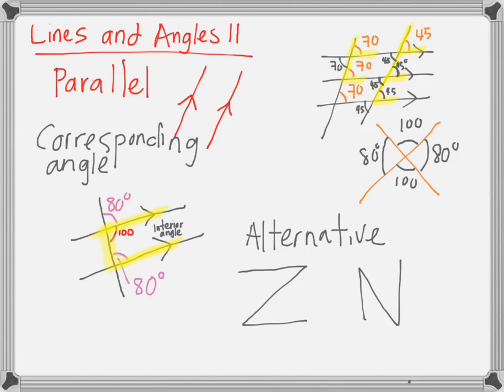In order to use Z or N, you need to know that this line should be parallel with this one, meaning both of these lines should be parallel, and this line and this line should be parallel. If this is Z, the angle inside here will be the same as the angle inside here.